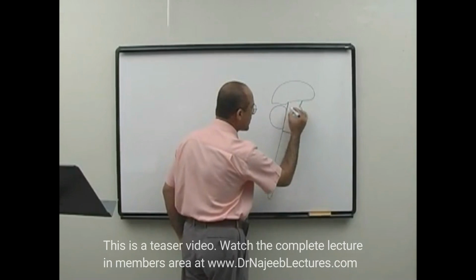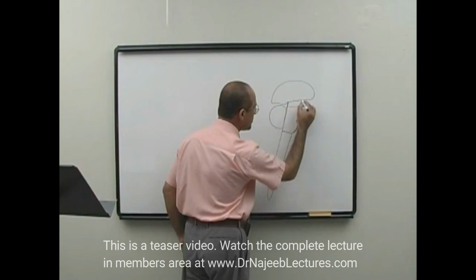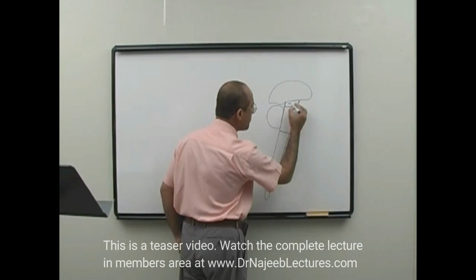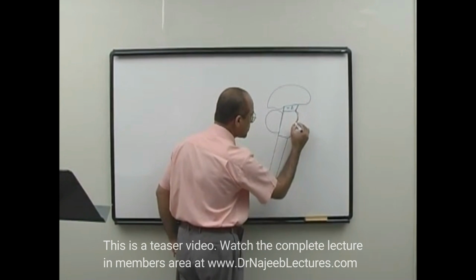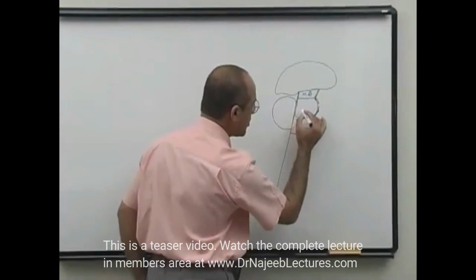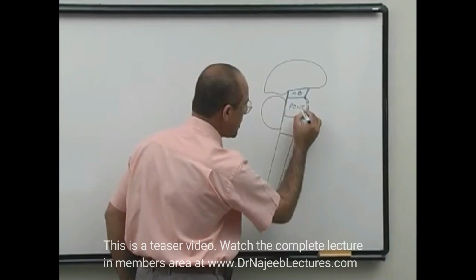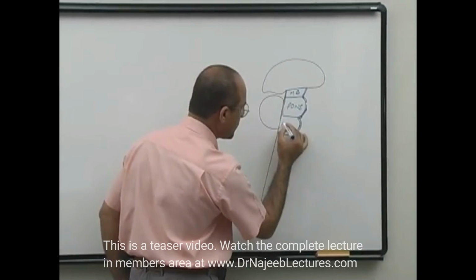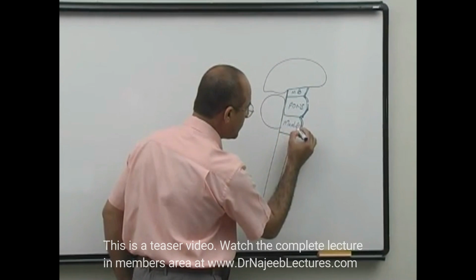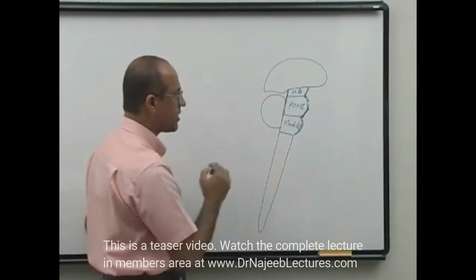And in the brainstem, this portion is called midbrain, this portion is called pons, and this portion is called medulla. And of course this is spinal cord.